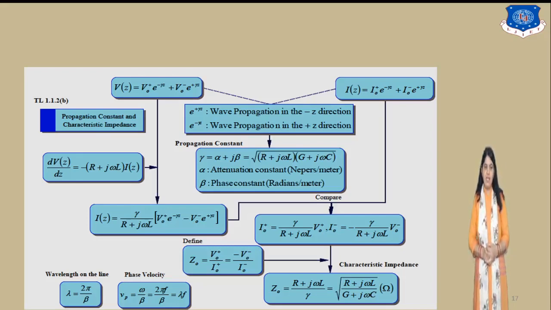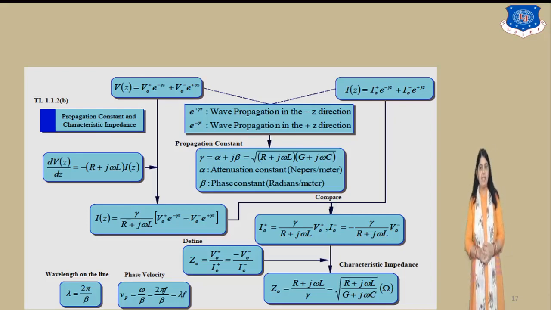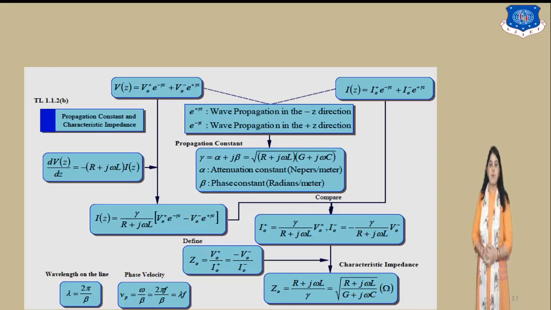So we can write dV(z) by dz is equal to minus (R plus j omega L) into I(z). Gamma is equal to alpha plus j beta, which is equal to the square root of (R plus j omega L)(G plus j omega C). Alpha is the attenuation constant, and beta is the phase constant, in radians per meter.